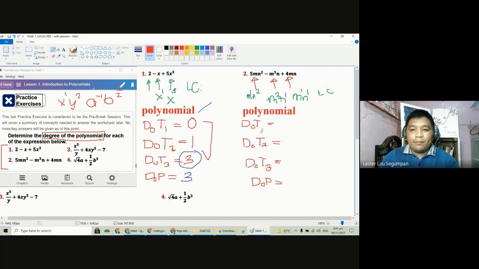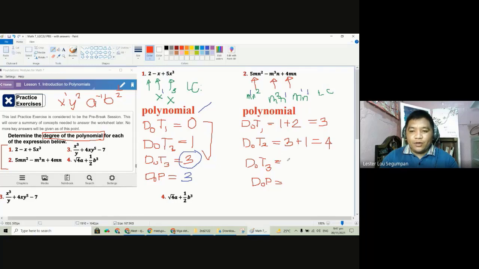So for the first term, the degree of a term is the sum of the exponents of m, which is 1, and n, which is 2. This is actually 3, because the proper definition for the degree of a term is the sum of the exponents. For the second term, you have m cubed, that's 3, plus n to the power of 1, which will yield 4.